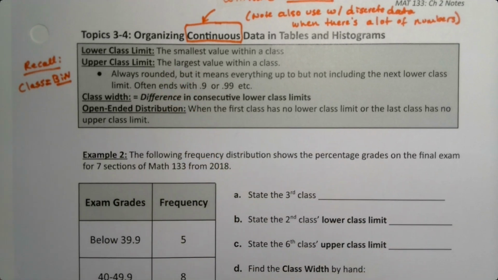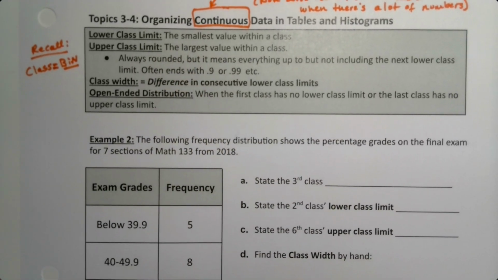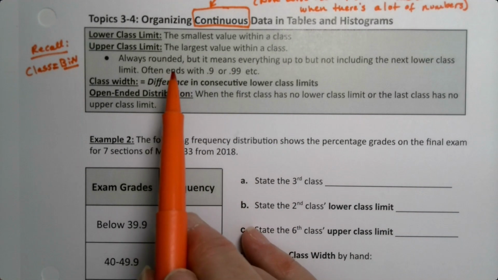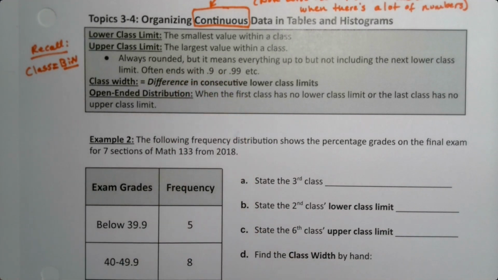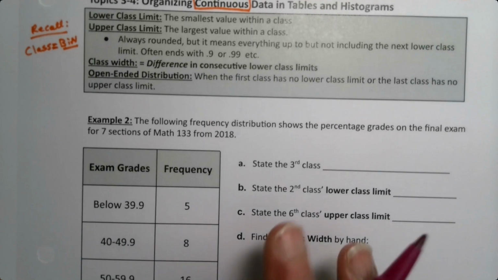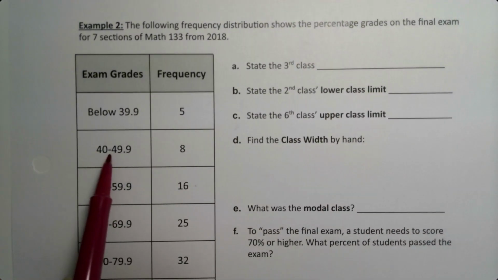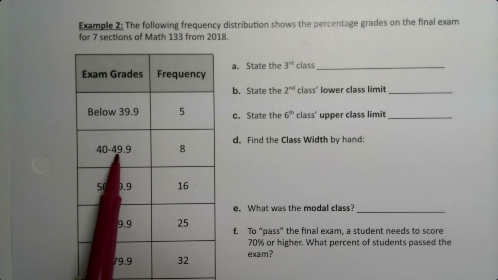Upper values tend to be a little bit shady because they're always rounded, but technically they go to 0.99999, especially with continuous data. It's a little bit icky because, for example, if I look at this class right here, the lower class limit is 40. No problem. But this upper number, I wrote as 49.9.